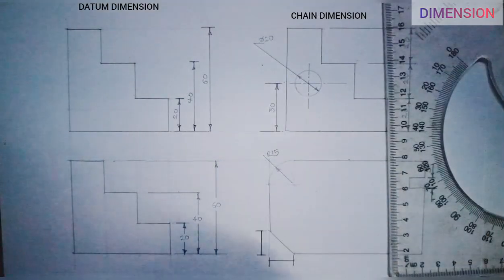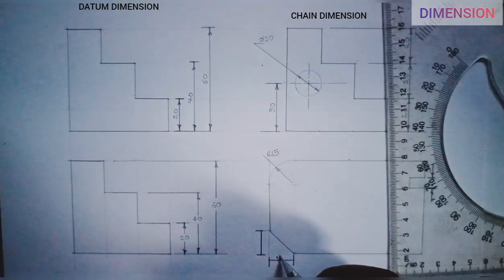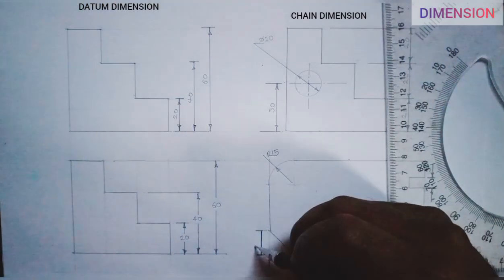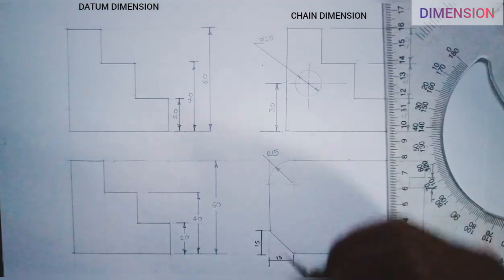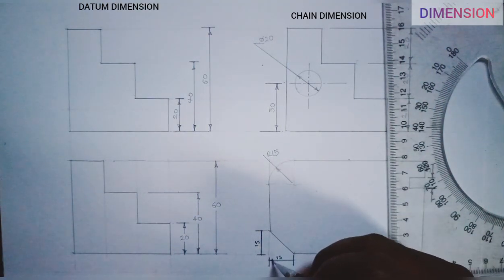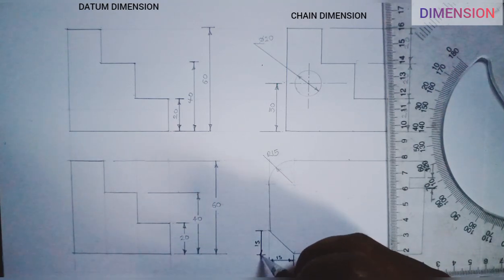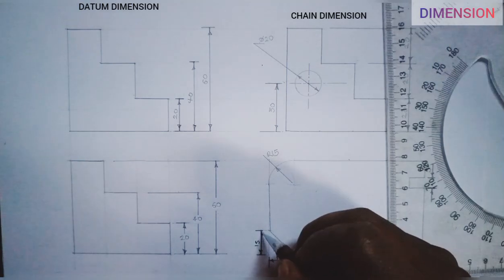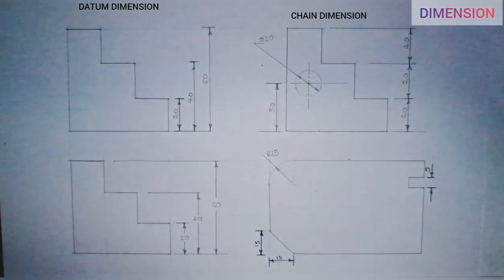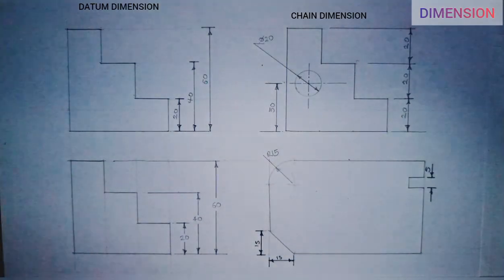So from here to here, this is the 15. Then we have here 15. You put your arrow. So this is what we have here for this video.